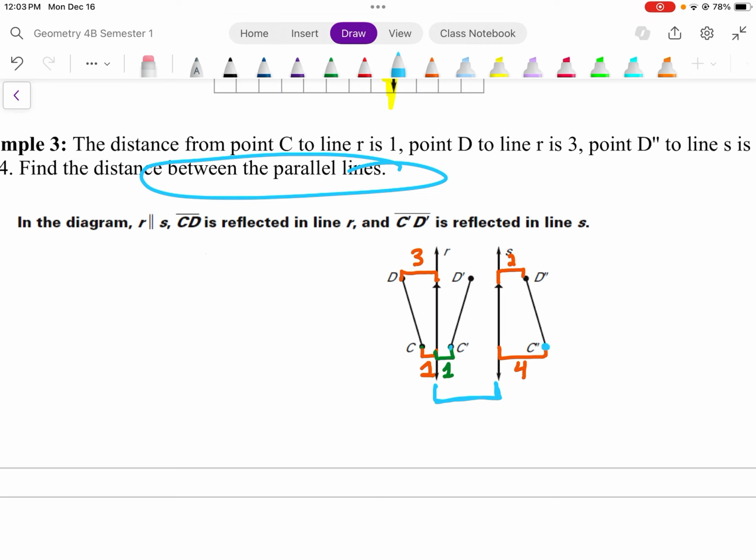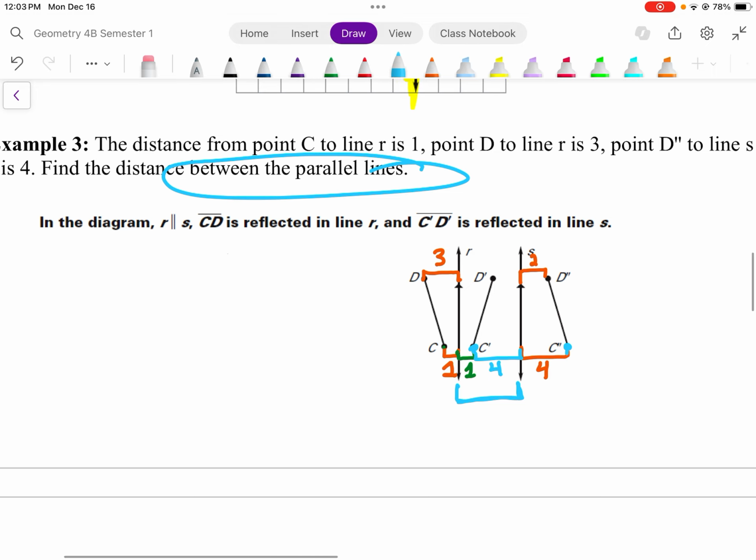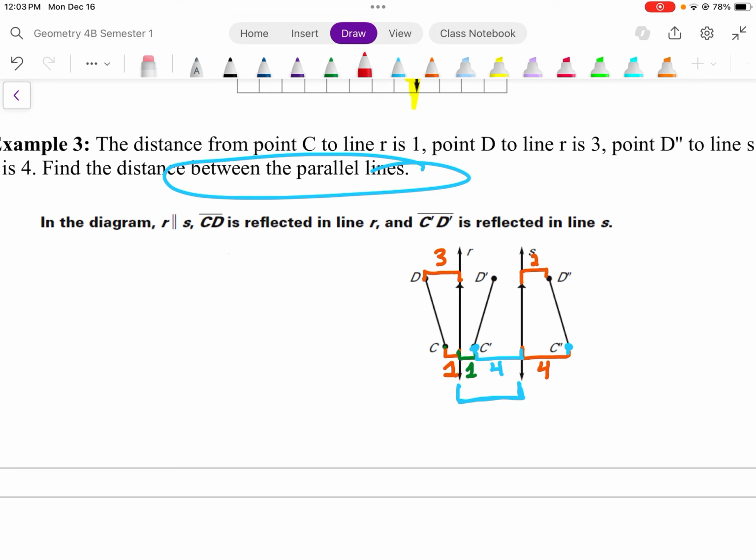And then C prime was reflected to get C double prime. And because C double prime is 4 away from the line S, that means C prime would be 4 away as well. So to get the distance between the parallel lines, we just need to take 1 plus 4 to get the distance of 5 units.